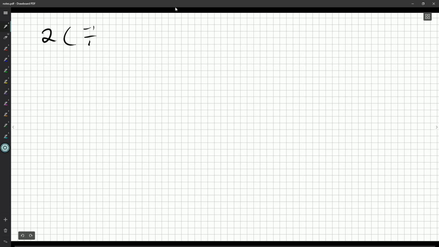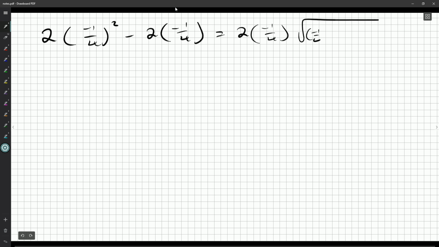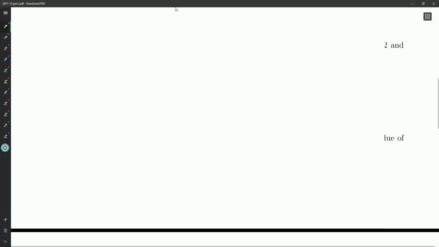2 times minus a quarter squared minus 2 times minus a quarter is equal to 2 times minus a quarter times the square root of minus a quarter squared minus 2 times negative a quarter. And I think it was a plus 1, right? It has to be a plus 1 because I subtracted.